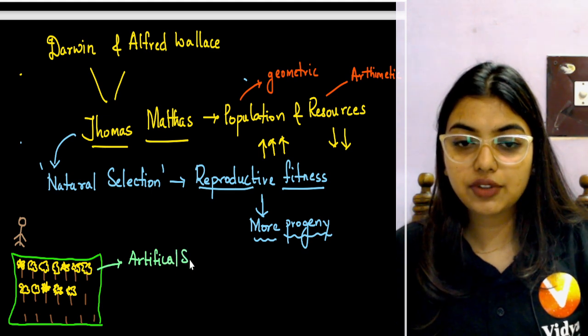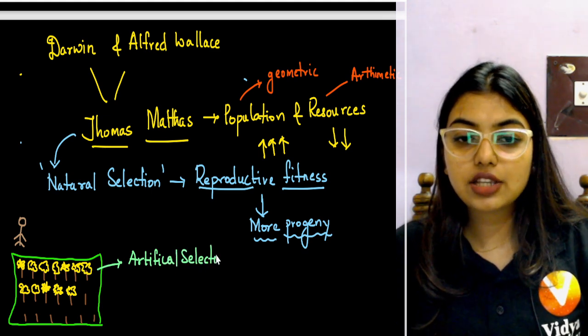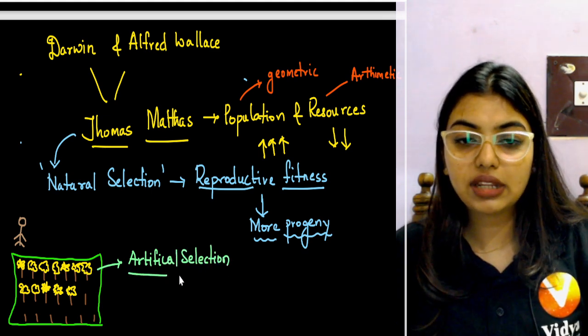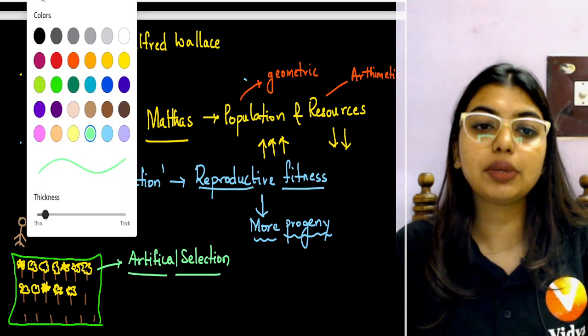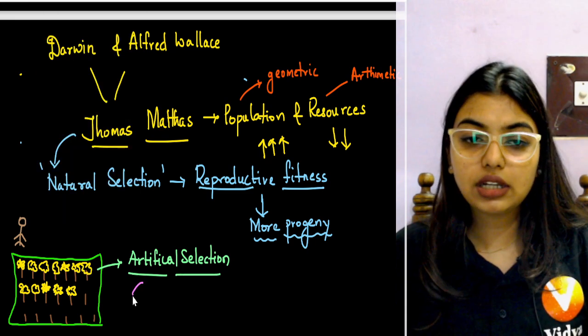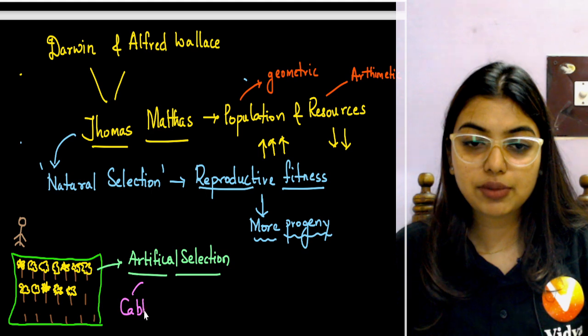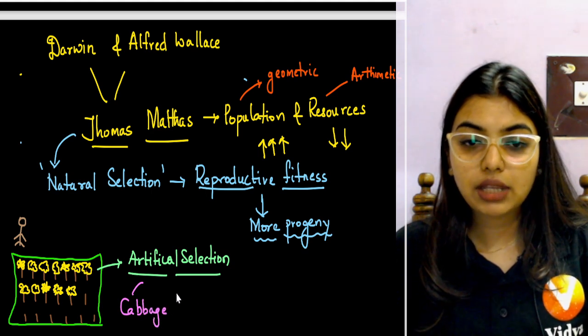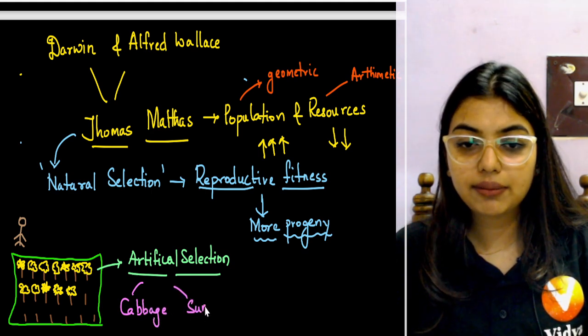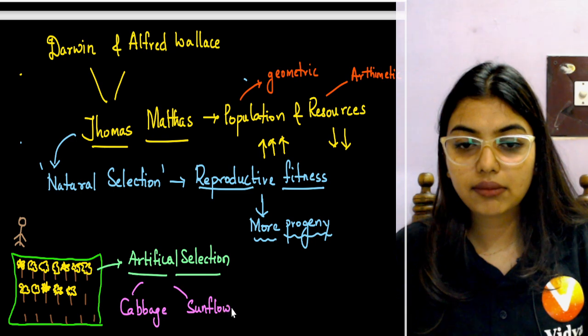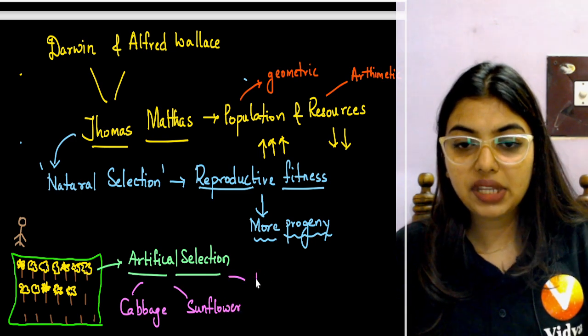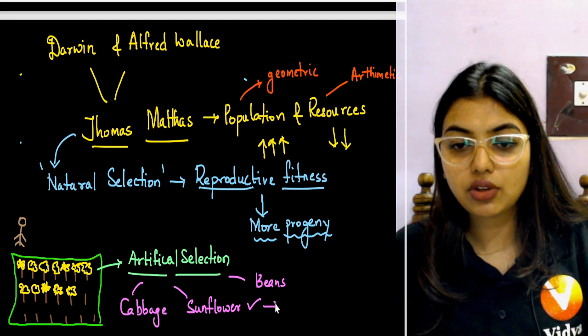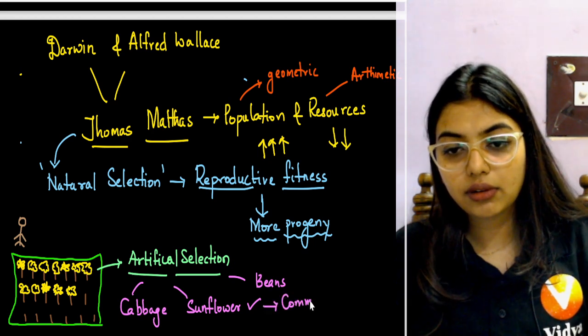If as a human we can do artificial selection between the species that we are cultivating, let's say he was growing cabbage or beans before, he is going to select sunflower because of the commercial value.